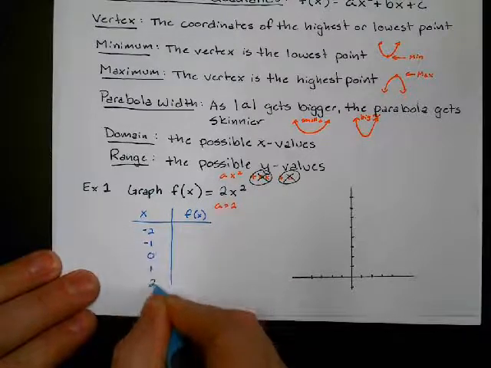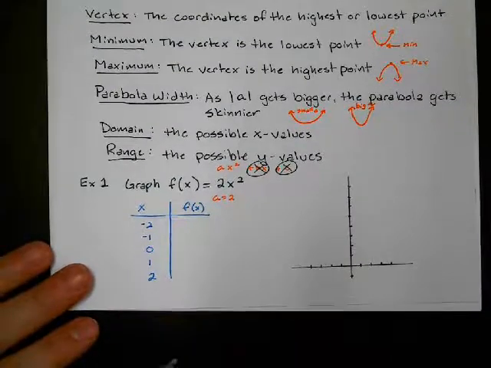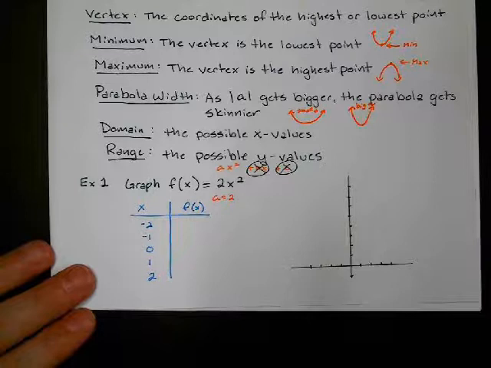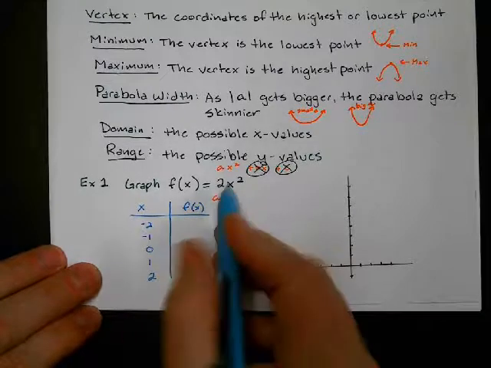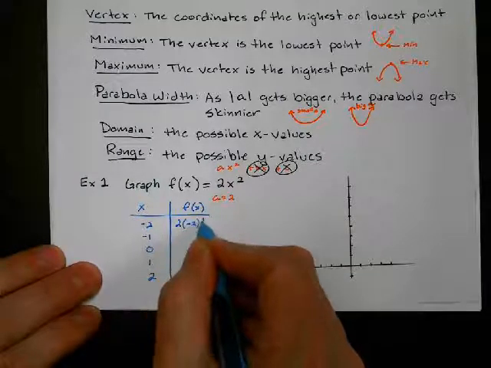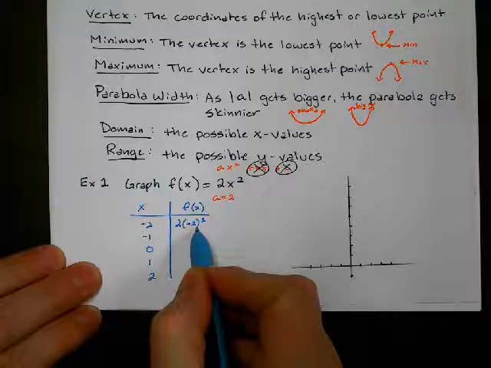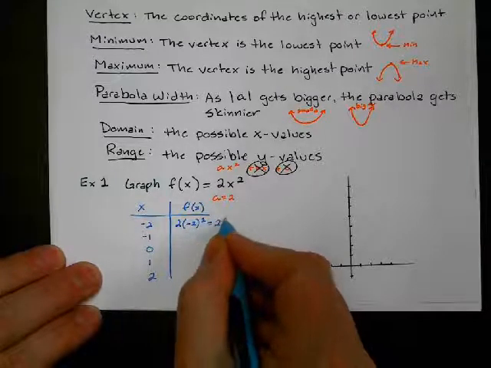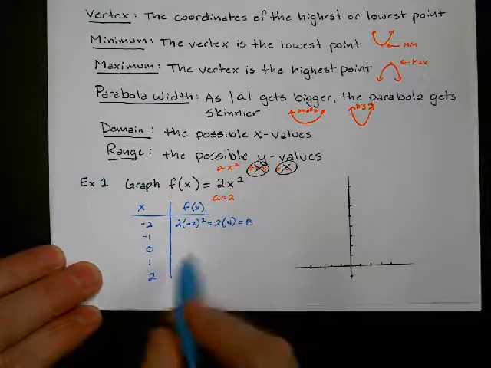I would pick 5. Now one of these 5 is our vertex, and we're going to get to that in a second. So let's just plug in -2 into the function. So if I did 2 times -2 squared, well, -2 times -2, because we have to square first, would be 4. And then 2 times 4 is 8. So when I plug in -2, I get 8.